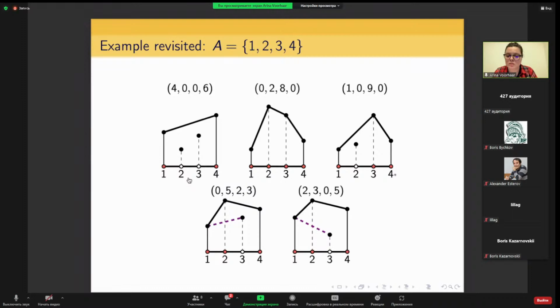Have you compared the results to those obtained by standard methods? Wait, sorry, standard method is... So again, did I compare my results with what I obtained there? Yes, I did, and they match, of course.